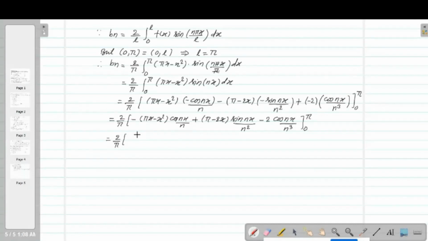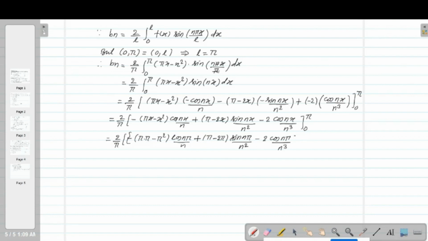So minus, this becomes pi into pi minus pi square, times cos n pi by n, and plus pi minus 2 pi into sine n pi by n square, and minus 2 times cos n pi by n cube.